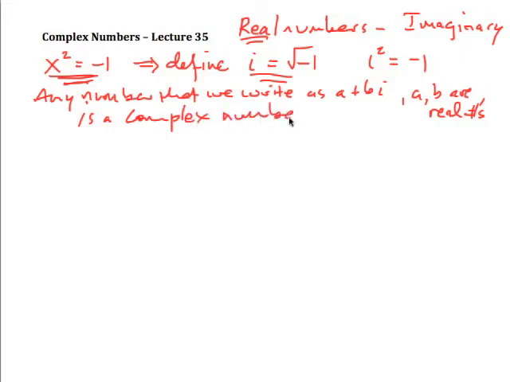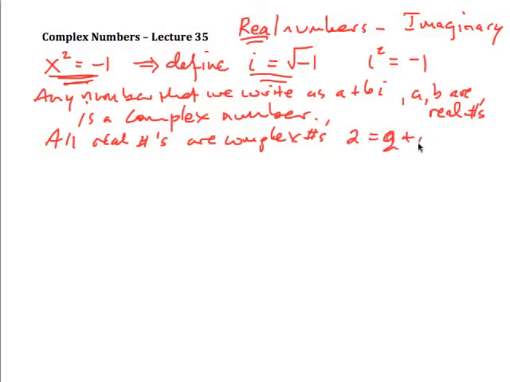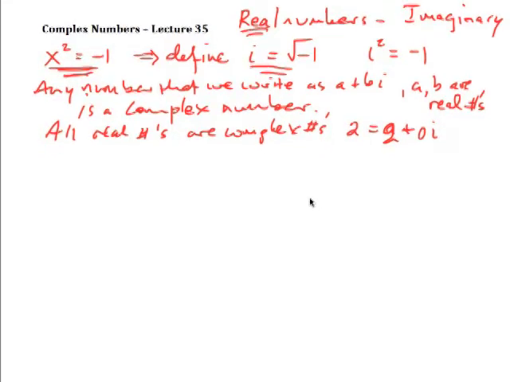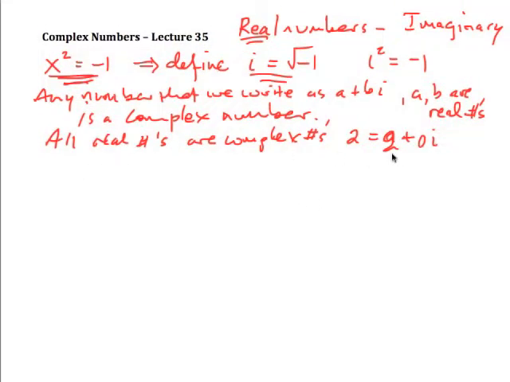And you can see that all real numbers are complex numbers, because we can write a number like 2 as equal to 2 plus 0i. This is a real part and this is the imaginary part.